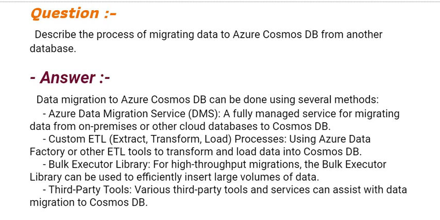The second one is custom ETL, extract, transform, load processes, using Azure Data Factory or other ETL tools to transform and load data into Cosmos DB. Bulk Executor Library: for high throughput migrations, the bulk executor library can be used to efficiently insert large volumes of data.